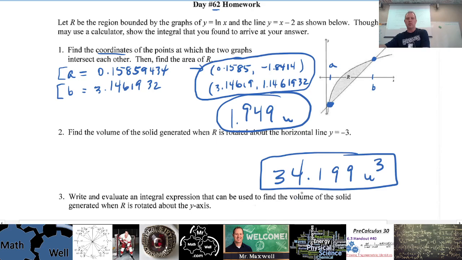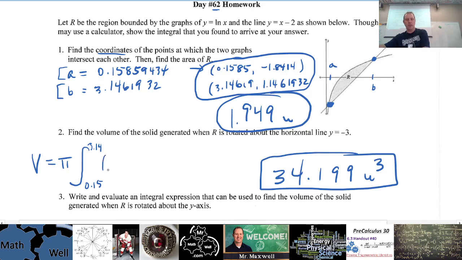Here's the answer for number 2, and I'll just show you this as well. You're going to have pi times the integral from 0.15, this number right here, full number if you can, to 3.14619. So use the full thing.